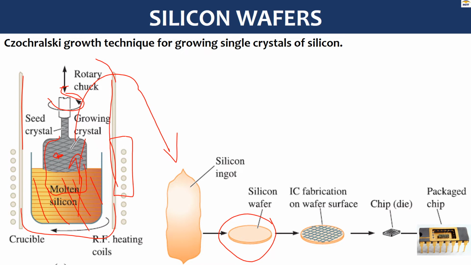Then from then on, you go on to produce your ICs. When you've produced several ICs, you cut into just one chip, because there can be millions of chips on your wafer. So you make many thousands or hundreds of thousands of these microchips, and then you can separate each chip to perform the functions that you want it to do.